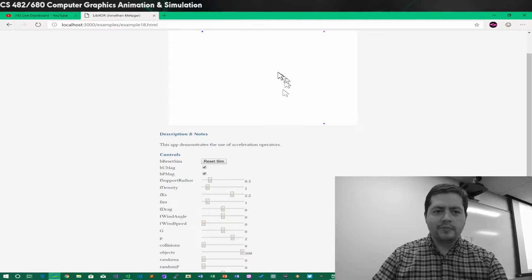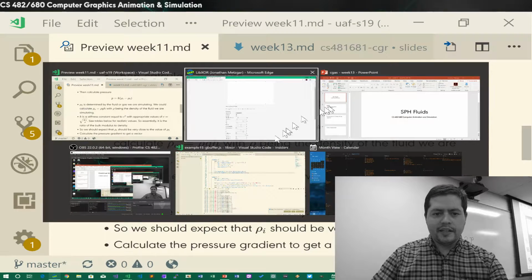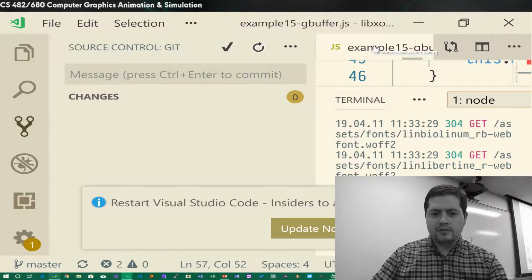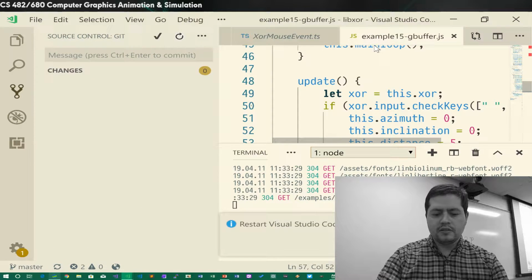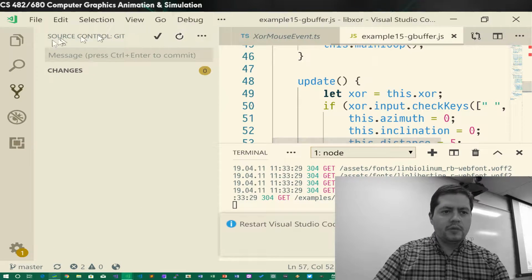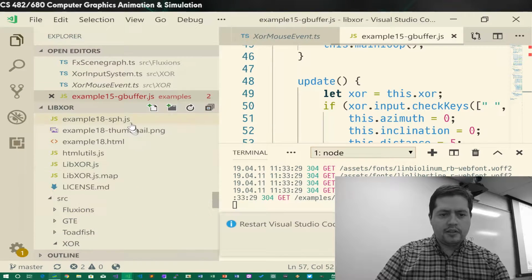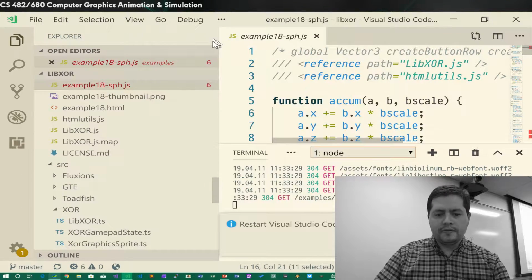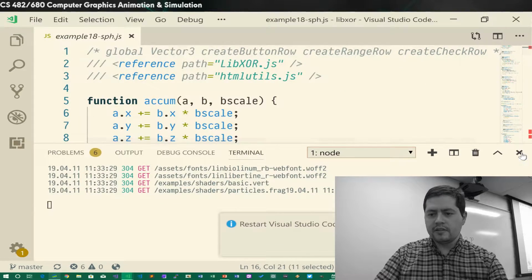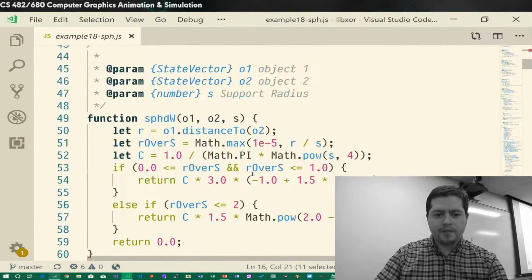Okay, because when we left it last time, we had, let me get our example 18 going. Can I close others? Yeah. Get rid of that. Turn that off. Ignore that.